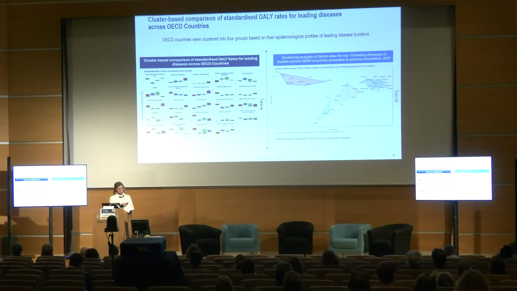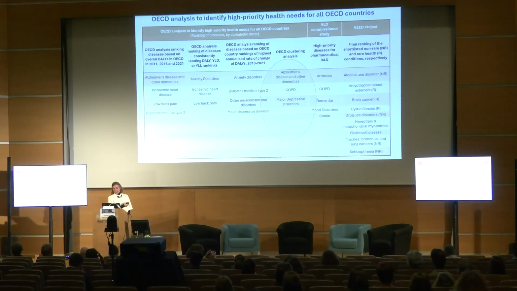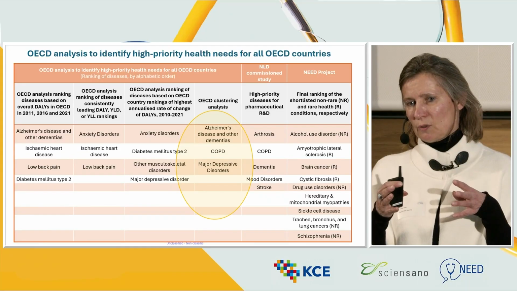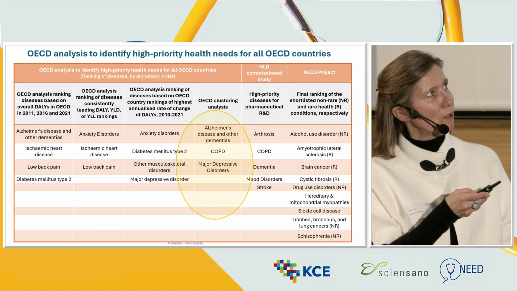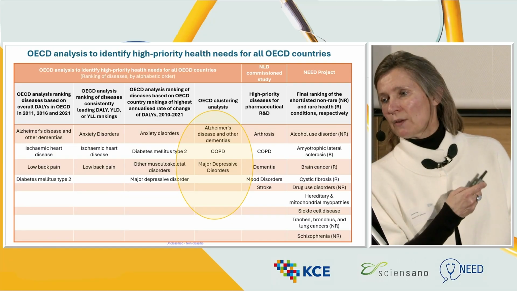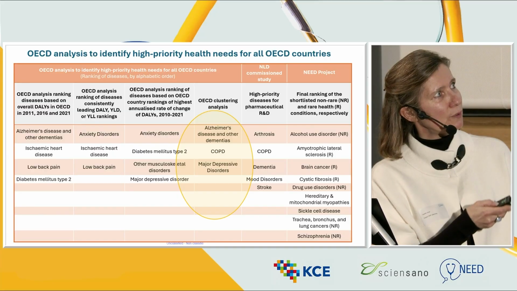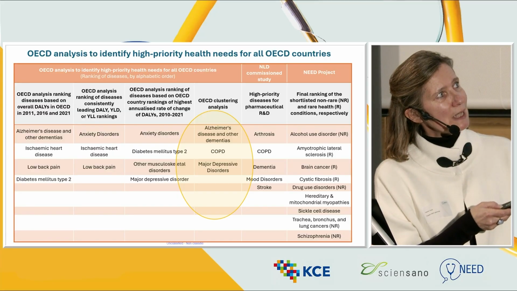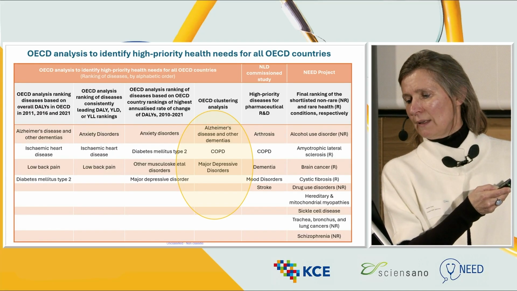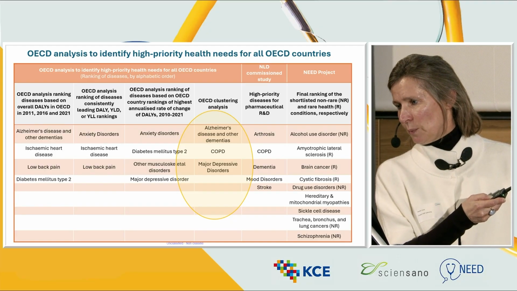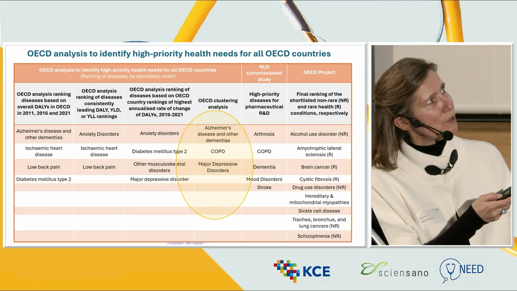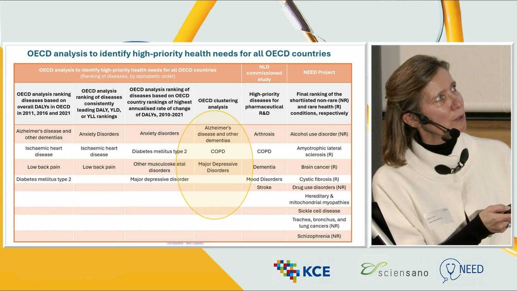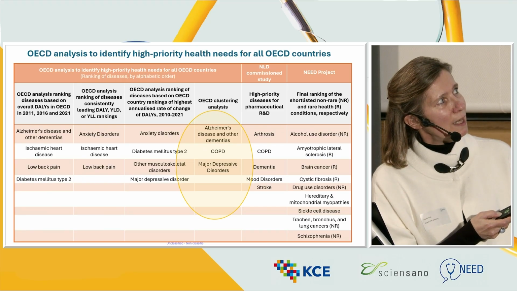So this is what we had, and at the end, we chose to use this cluster analysis to define a set of countries we would be focusing on. There are other methods we could have used, but we preferred this one. And I show you on this slide the comparison with the study which was done on the Netherlands, because there is some commonality, like COPD, and dementia is not too far.